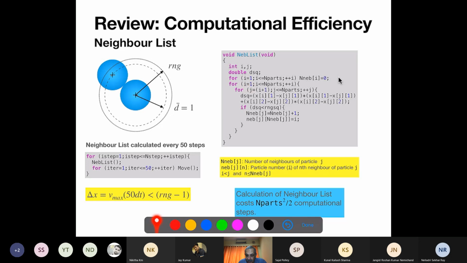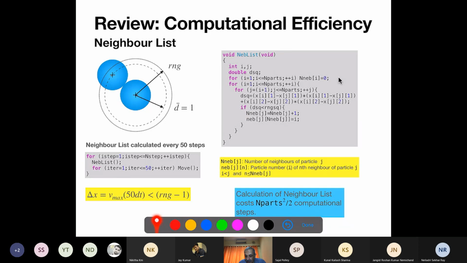You go i from 1 to the number of particles, and j from i plus 1 to the number of particles. You calculate the distance, which is xi minus xj whole squared. And if this distance is less than the value range, then this particle i is a neighbor of j.